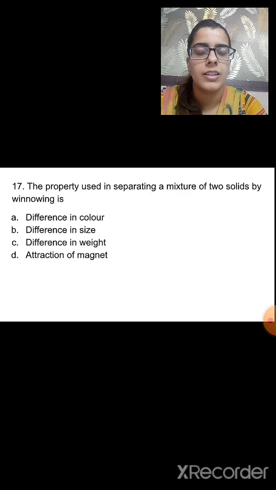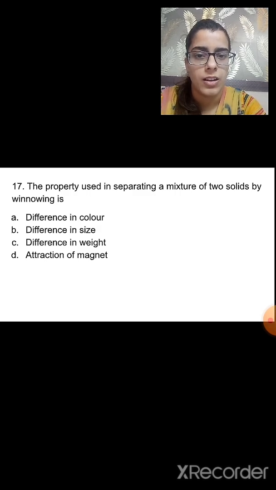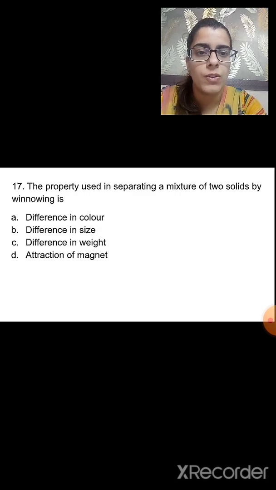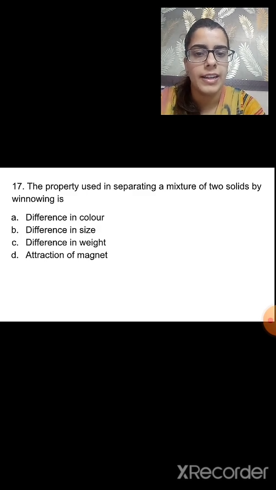17th, the property used in separating a mixture of two solids by winnowing is. The property that is used for separating the mixture of two solids by the winnowing method is. Options are A, difference in color, B, difference in size, C, difference in weight and D, attraction of the magnet.